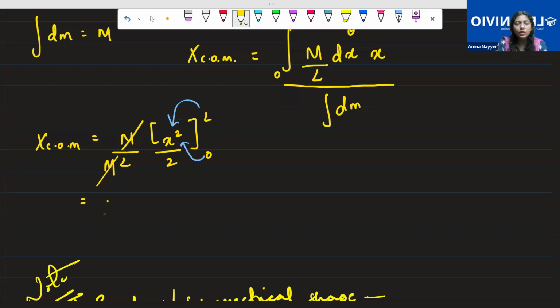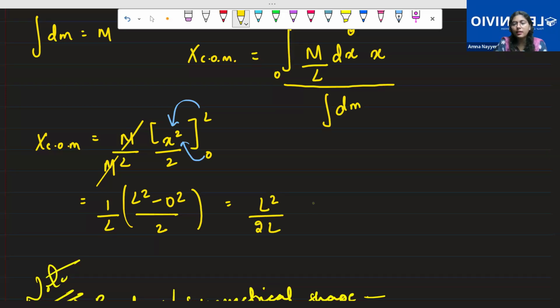So this is equal to 1 by L square minus 0 square divided by 2. That is equal to L square divided by 2L, which is equal to L by 2. Means the center of mass for a rod will be exactly at its center. Length is L, separation is half.